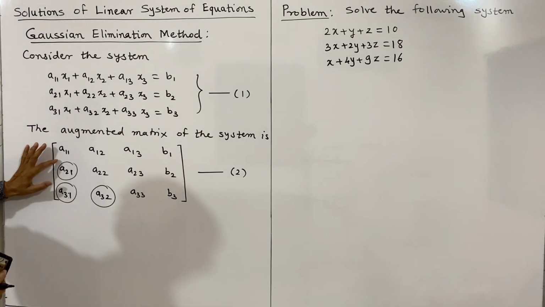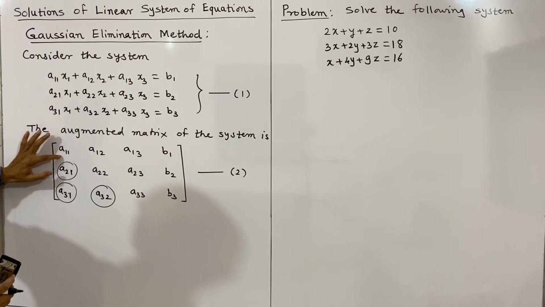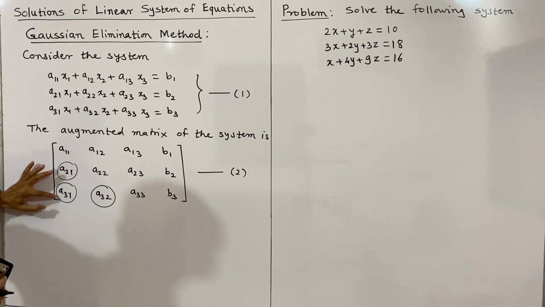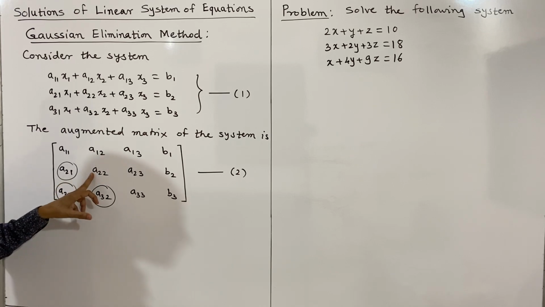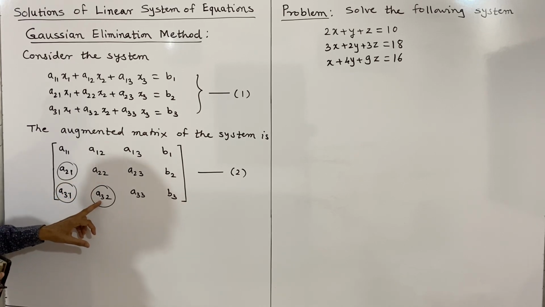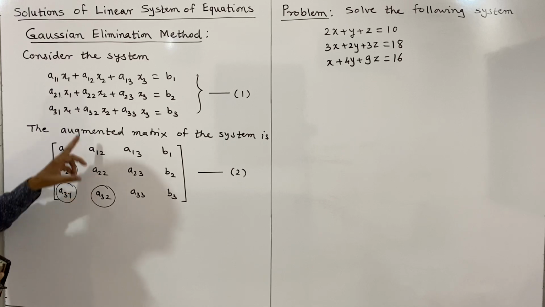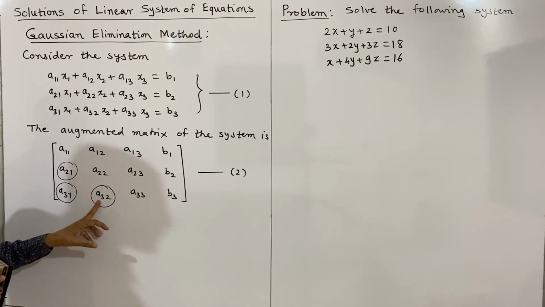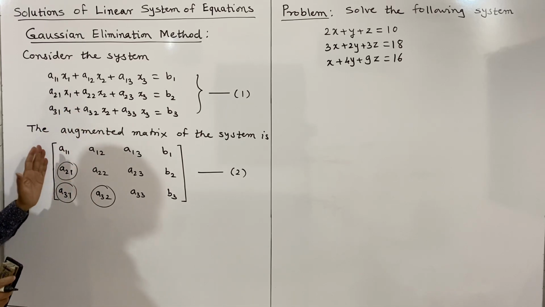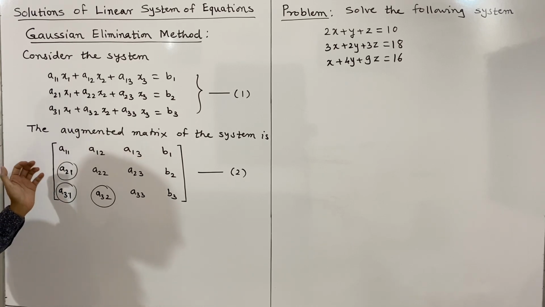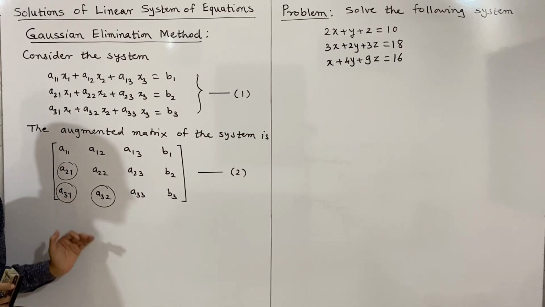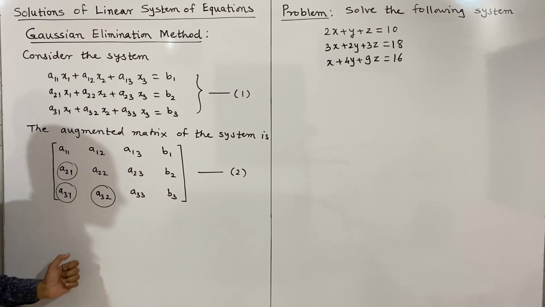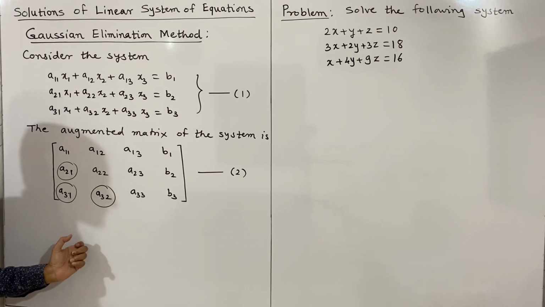Using the first row we convert a21 and a31 to 0 at the first stage, and after that using the second row we convert a32 to 0. After the augmented matrix is converted into upper triangular matrix, we write the system again in this form and solve the system by using back substitution.